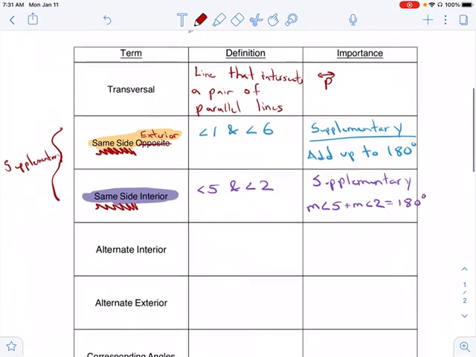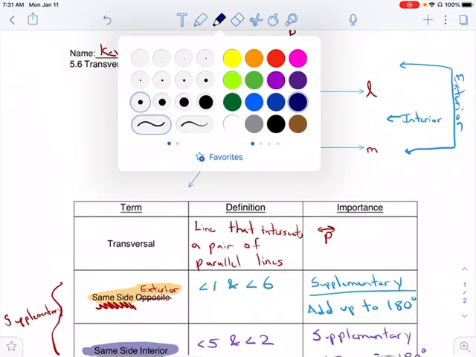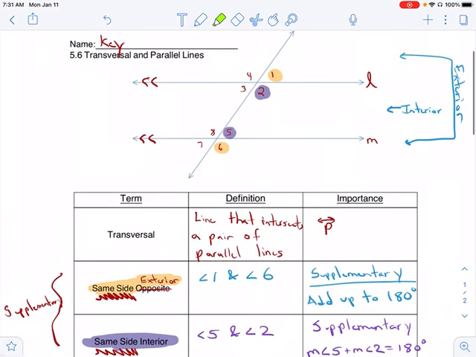Then we have alternate interior and exterior. So if I go with my highlighting strategy, alternate interior. Alternate meaning on opposite sides of my transversal, and interior meaning between the parallel lines. So that would be like angle 2 and angle 8. And even just visually, if we look at those, angle 2 and angle 8 appear to be congruent angles, and in fact they are.